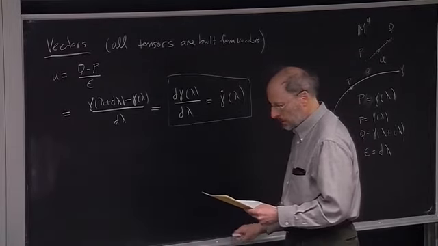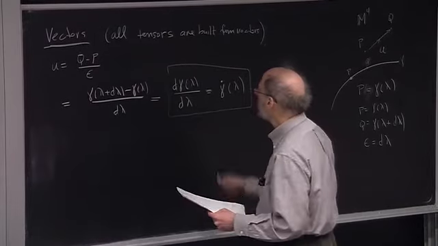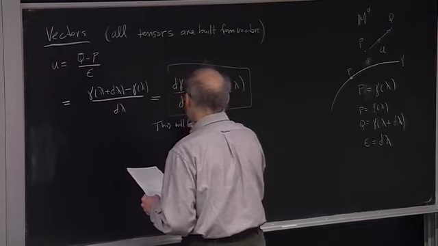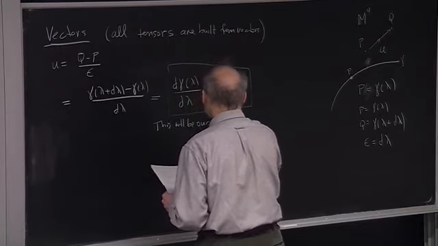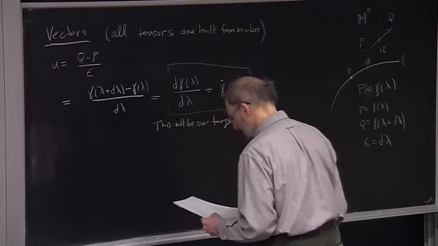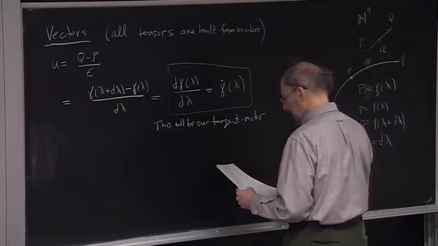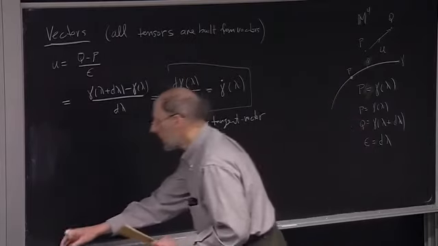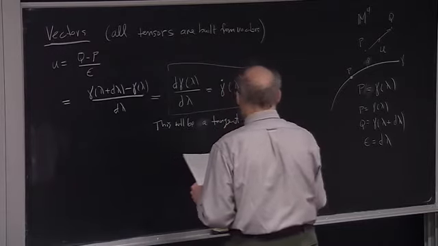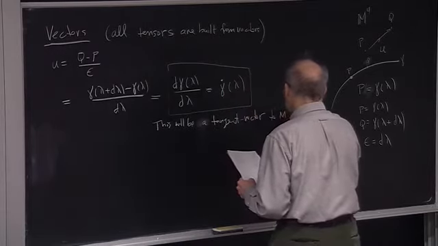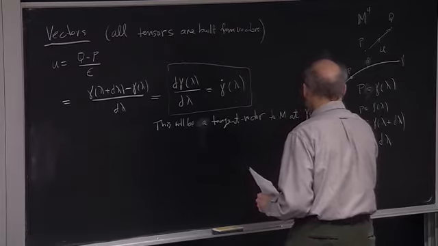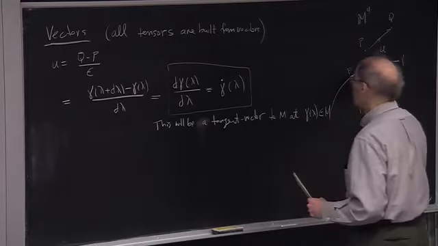So just to summarize what we said, this will be a tangent vector to M at gamma of lambda, at the point which I called P here.